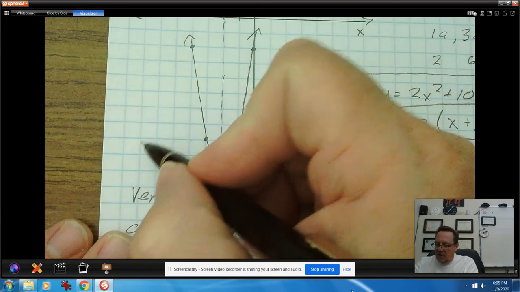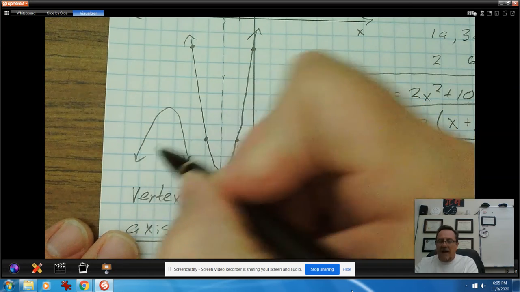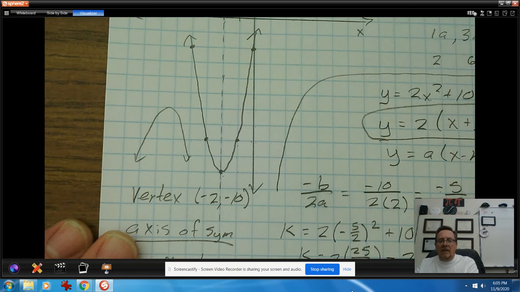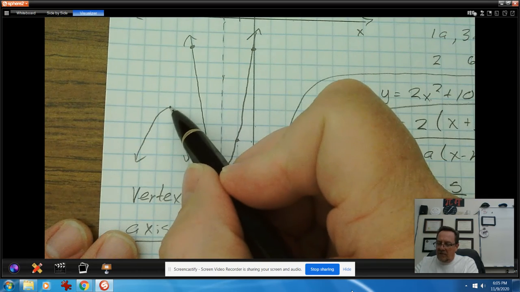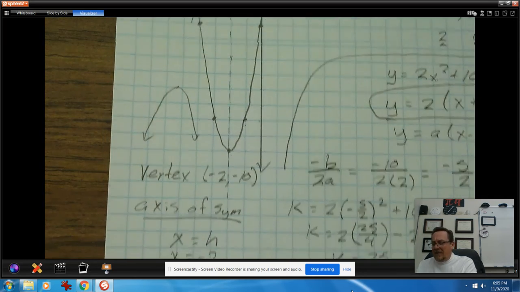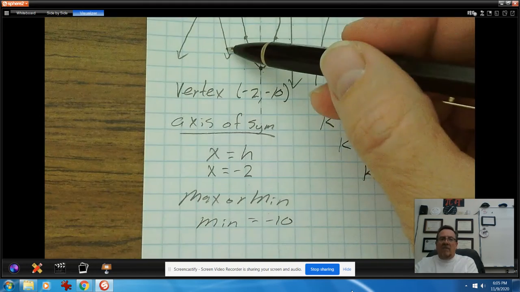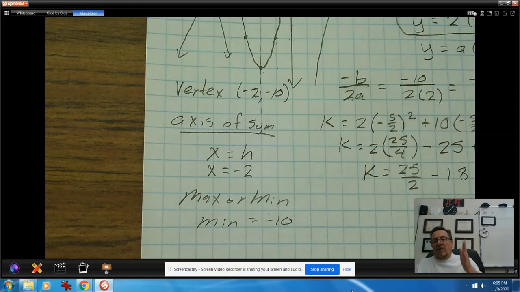On the other hand, if you had a parabola that pointed down, then the vertex represents its peak, or a maximum value, and that's still just going to be k. You just have to recognize that if it opens downwards, you'll have a maximum value. If it opens upwards, you'll have a minimum value, and you just say that value of k is either the max or the min.